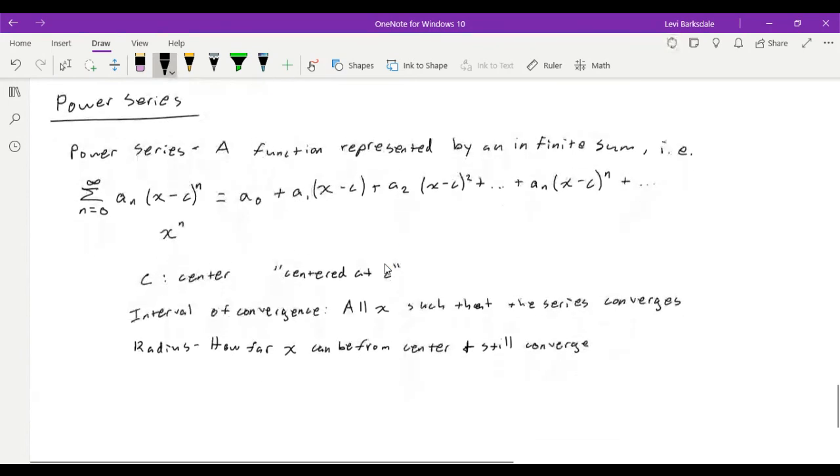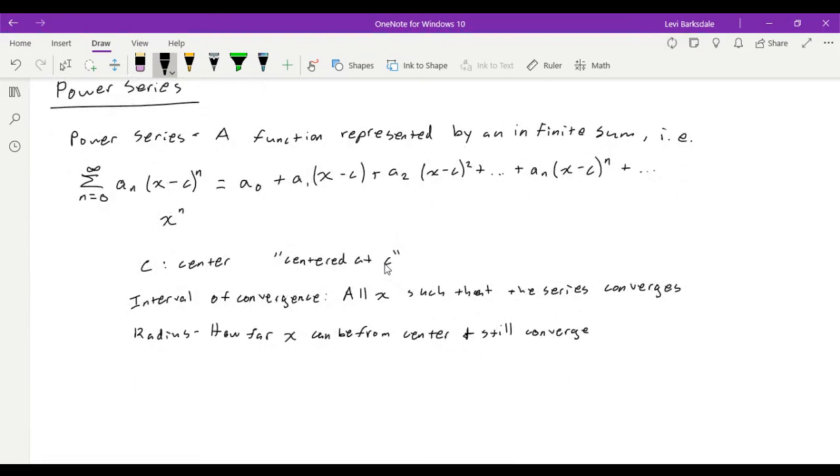So if we wanted to draw it out on a little number line, we would have all real numbers. Our power series would be centered at one value. It would converge on any x value within the interval, and the radius would be this distance from one edge to the center. This whole thing would be the interval.